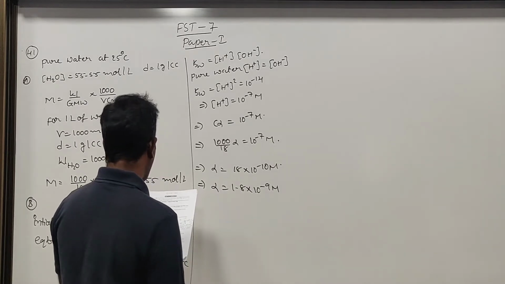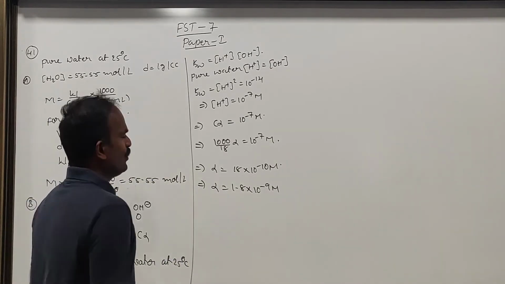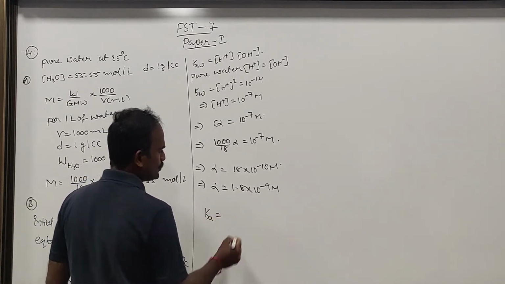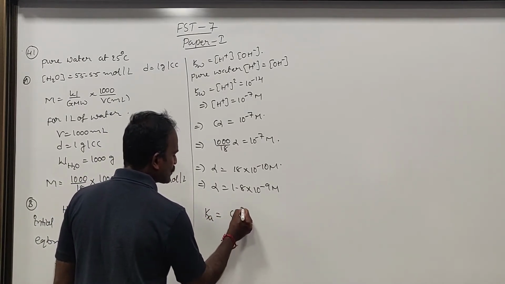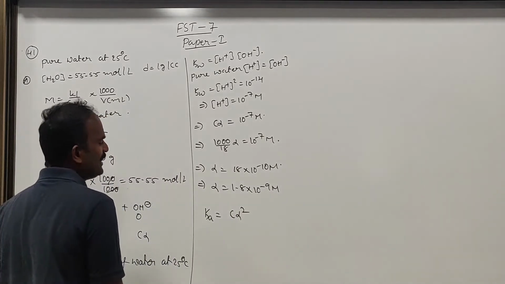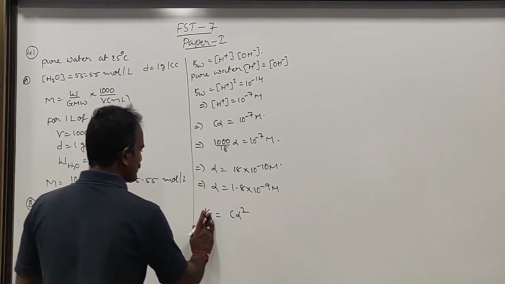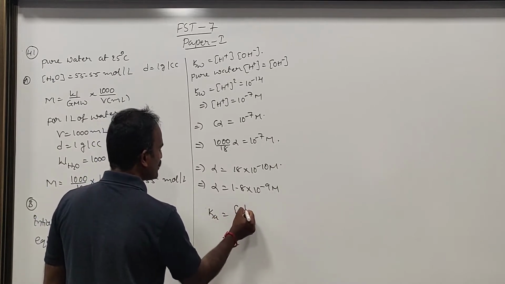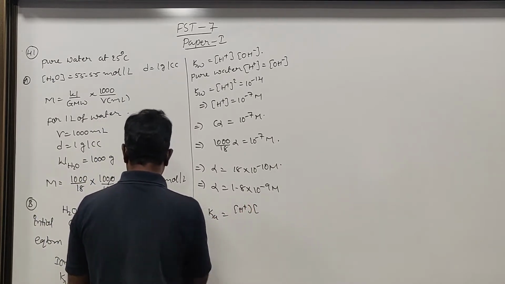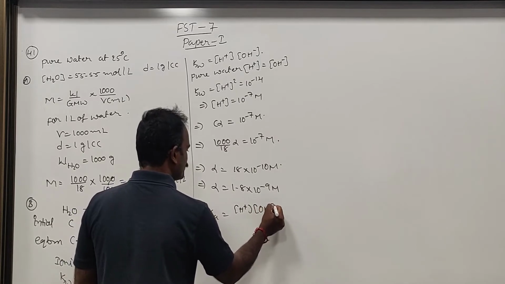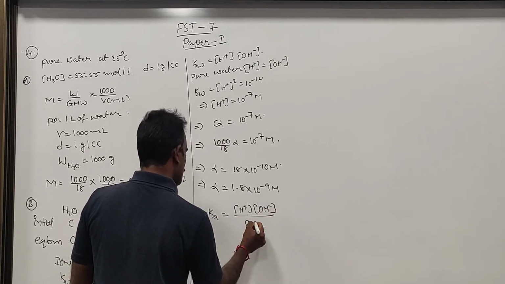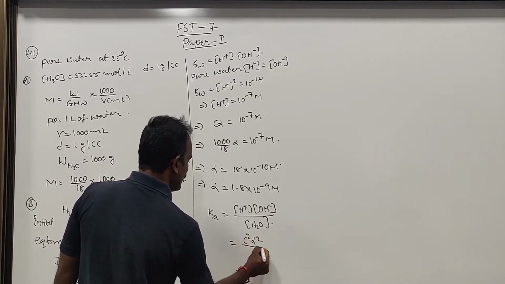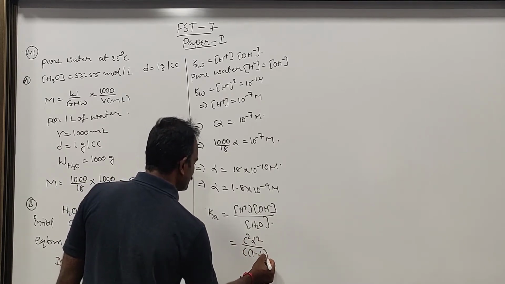The ionization constant. For anything, ionization constant Ka is equal to C alpha square. Actually, it should be from this one, we can write Ka is equal to concentration of H plus into concentration of OH minus divided by concentration of H2O, which means that is equal to C square alpha square divided by C into 1 minus alpha.